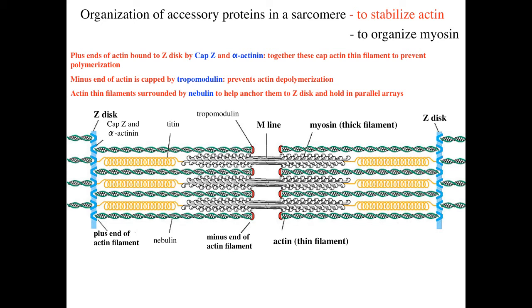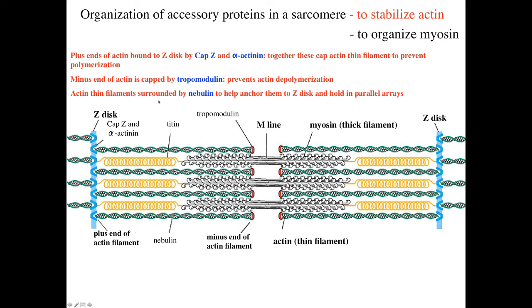You might remember, as we talked about cytoskeleton, actin is a very dynamic molecule. It can polymerize and depolymerize fairly readily in the cytoplasm. So you must keep it stabilized to have structural organization to striated muscle.